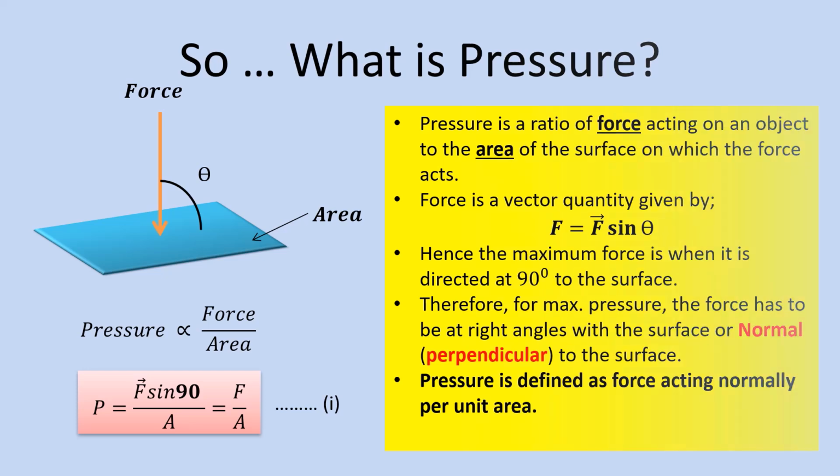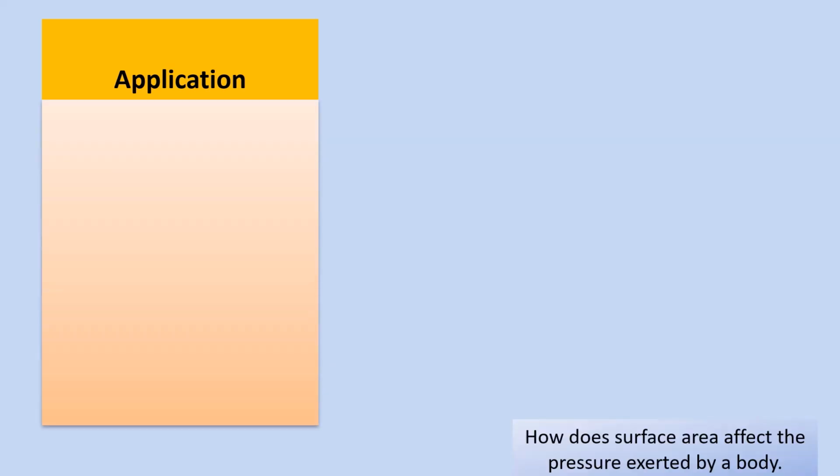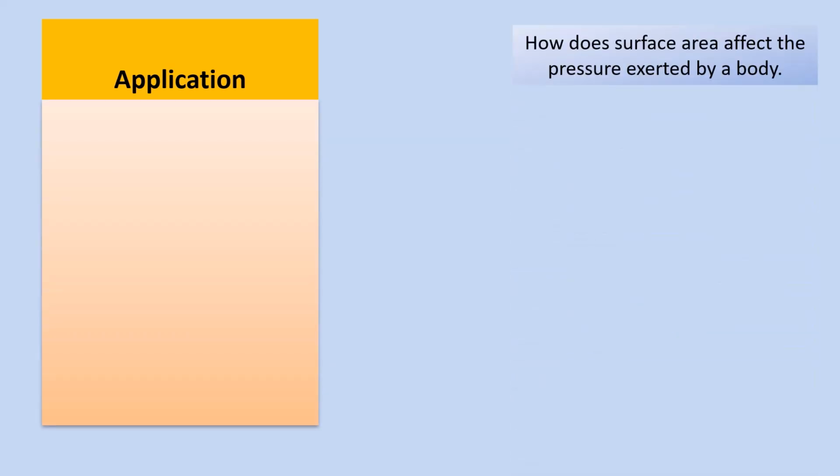So good. Let's see how we can apply this in a case scenario where we want to discover how pressure is affected by surface area. Pressure exerted by a body is affected by surface area. If we increase the surface area, how does pressure change?